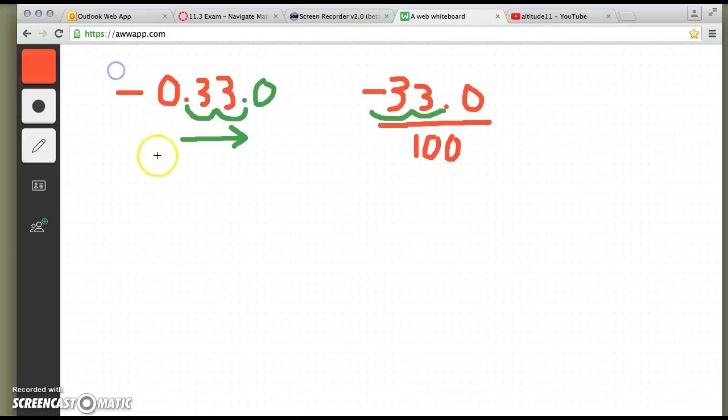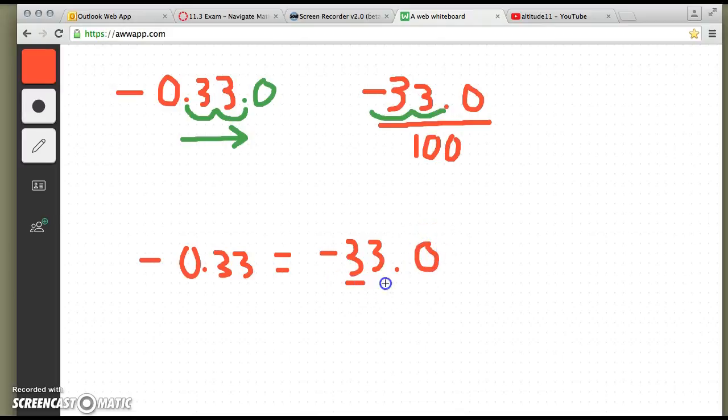So the idea here, guys, is that the decimal negative 0.33 is equivalent to negative 33.0 all over 100. Basically, you move the decimal place 2 spots to the right, but then you account for that movement by dividing by 100.